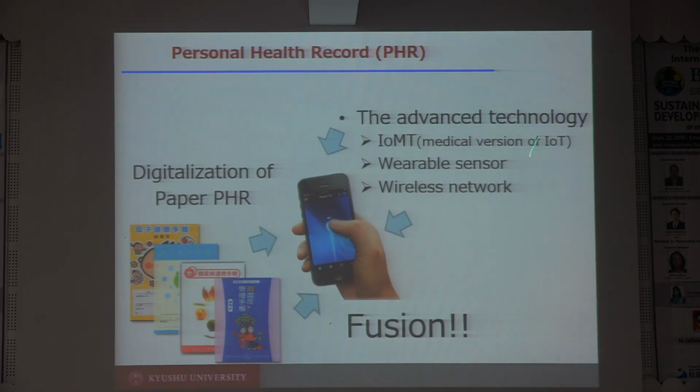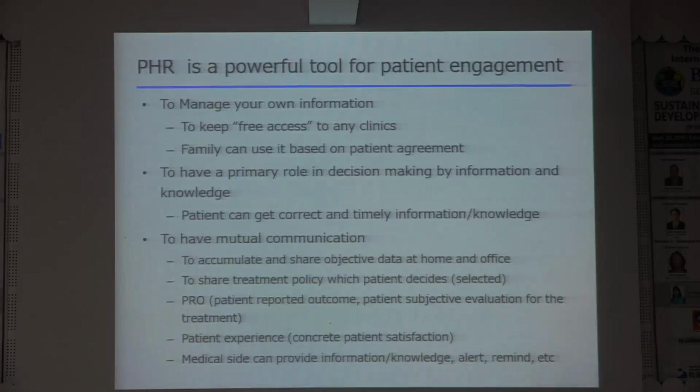And also we have several data from home or some kind of office about blood sugar, blood pressure, and exercise amount by this IoT technology, wearable sensors. We can fuse these several data. So PHR is now a powerful tool for patient engagement to manage your own information.